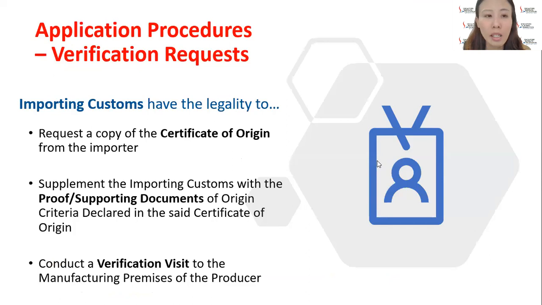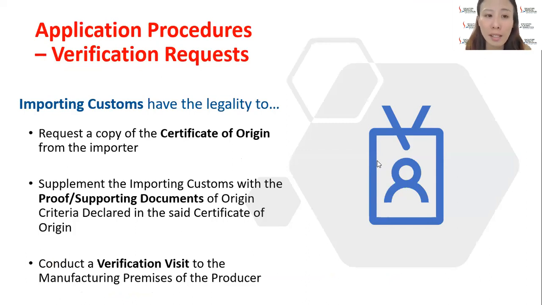Under the FTA, the importing customs has the right to verify if goods declared in the certificate of origin truly fulfill the said origin criteria, such as the value-added rule. This is where proper document retention plays a key role. The verification typically happens first through a written request for documentary check.